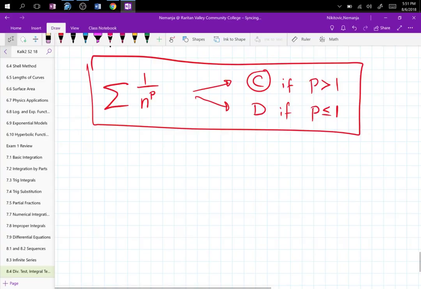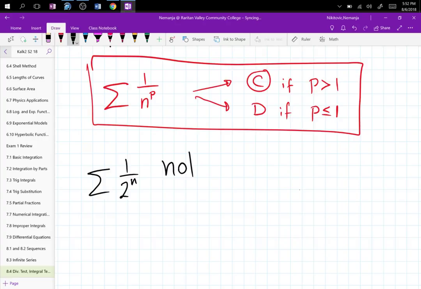Now, where do you trip? You trip when the problem looks like it's P-series, but it's not. Like summation 1/2 to the n. Not P-series.